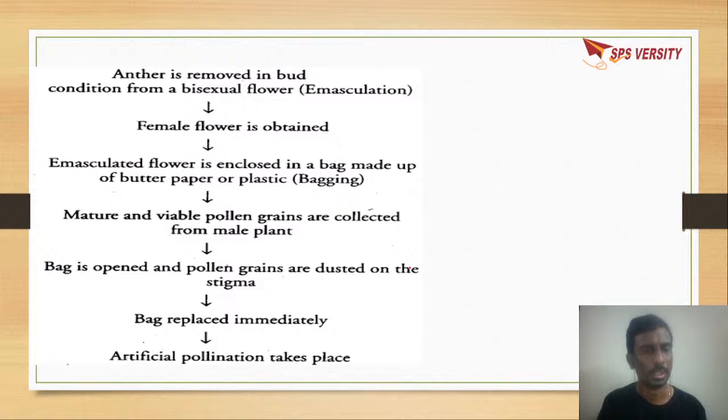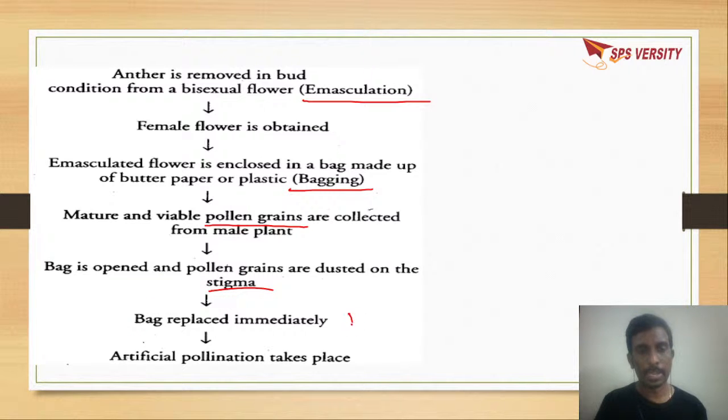So here you can see the flow chart of a hybridization program. First emasculation is done, bagging, pollen grains are collected, and we open the bag and dust on the stigma.